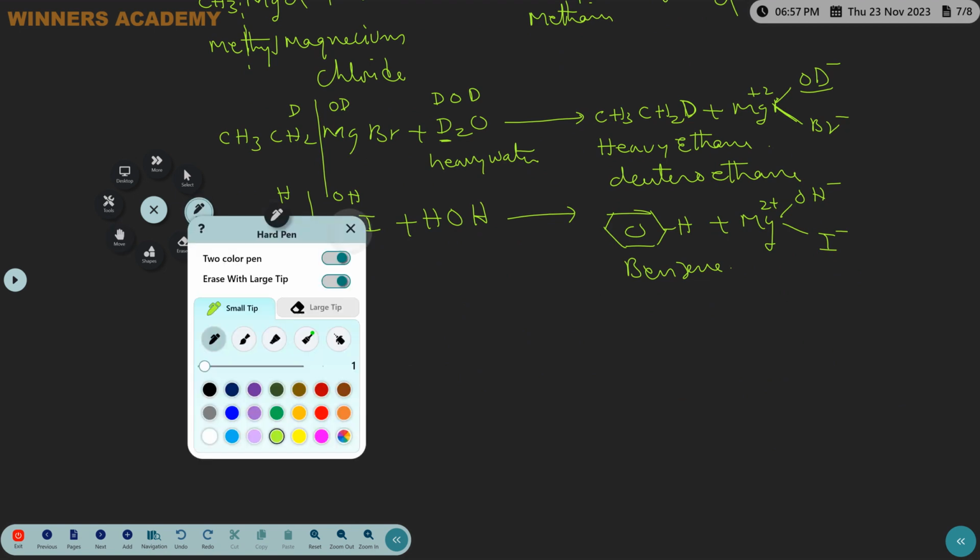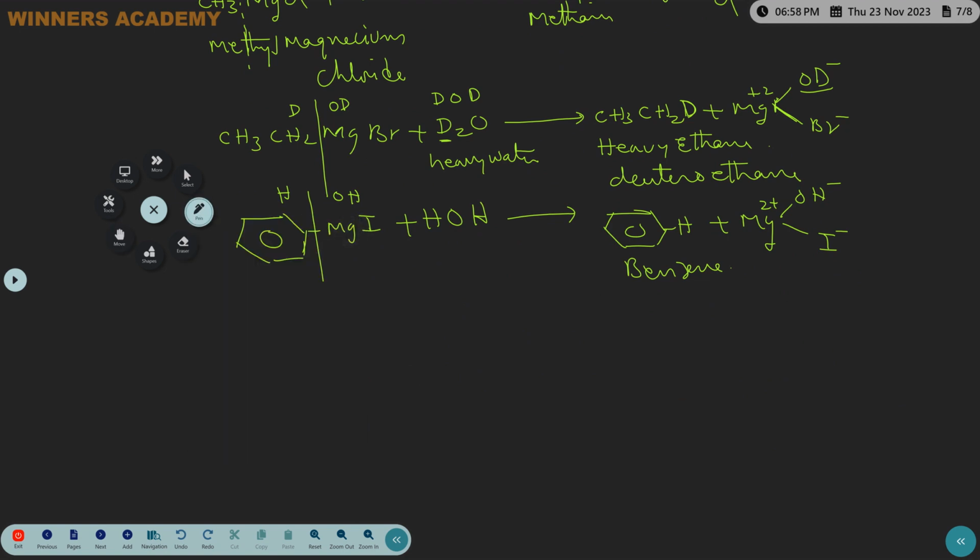Suppose hydrolysis can be done with the help of ethyl alcohol also. Suppose compound is like this. CH3CH2Br plus ethyl alcohol, formula C2H5OH. This is Grignard reagent, ethyl magnesium bromide. When ethyl magnesium bromide is treated with ethyl alcohol, see here, it splits like this.